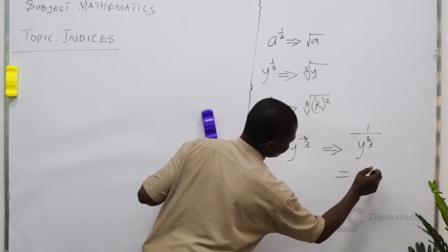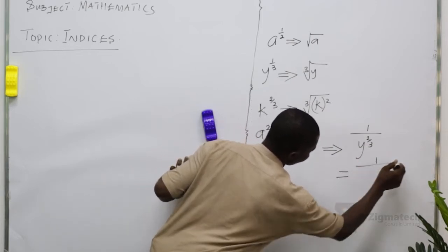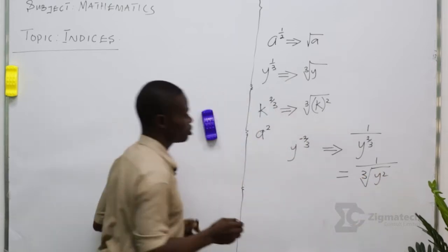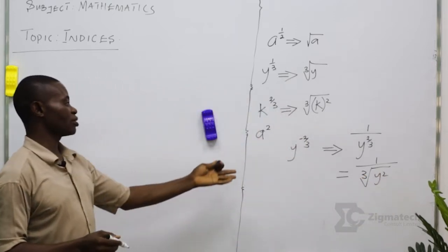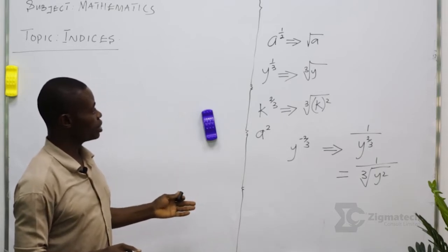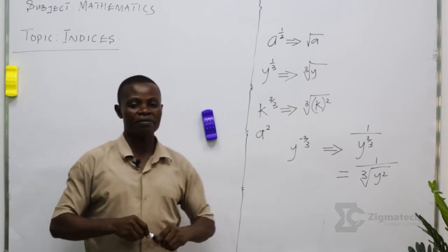When interpreted, you're going to have 1 all over cube root of y squared. That is, when a number or a variable is raised to the power of a fraction.